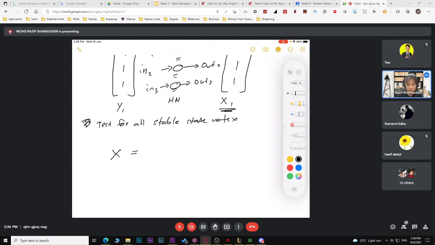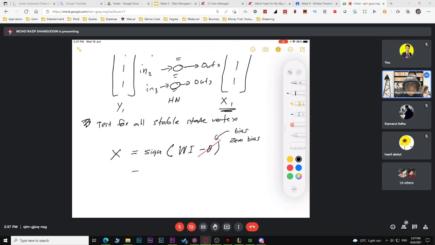What's the equation? Sign of weights multiplied by the input minus threshold. But our bias is zero, so a zero bias multiplied with a threshold gives a zero threshold. So automatically we cancel this part.